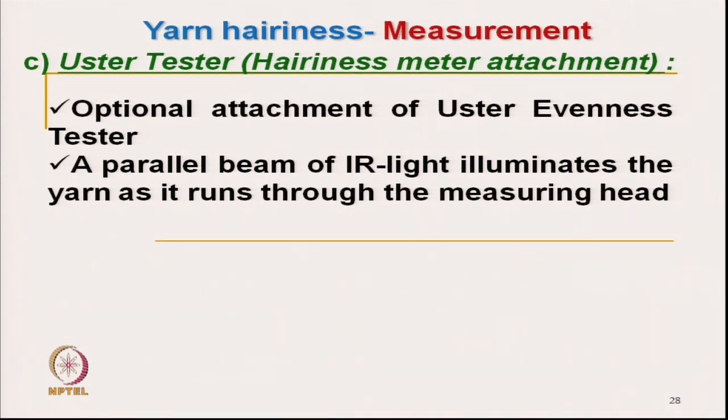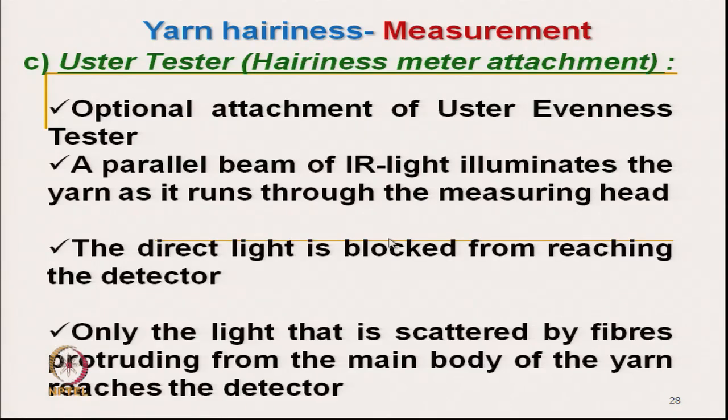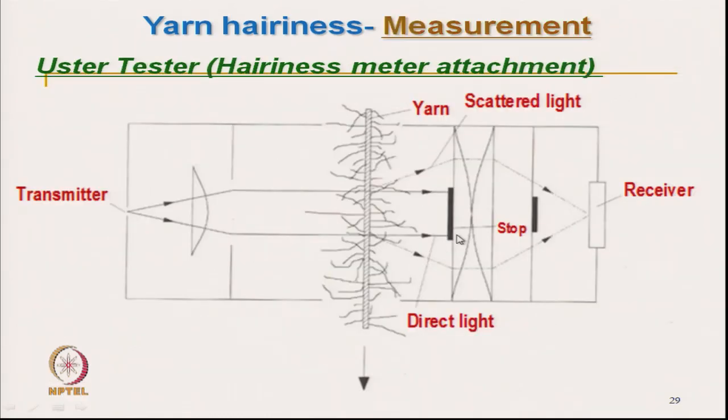A parallel beam of infrared light is illuminated, and if there is no yarn present, this parallel light will be blocked by the stop arrangement, and the light will not reach.